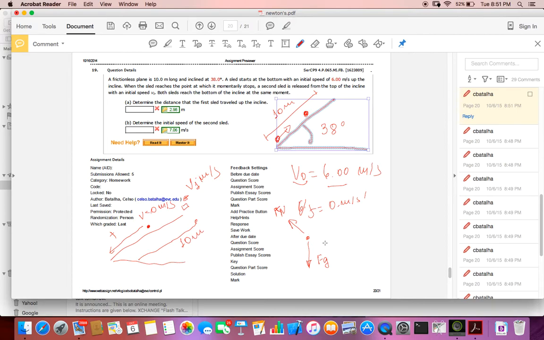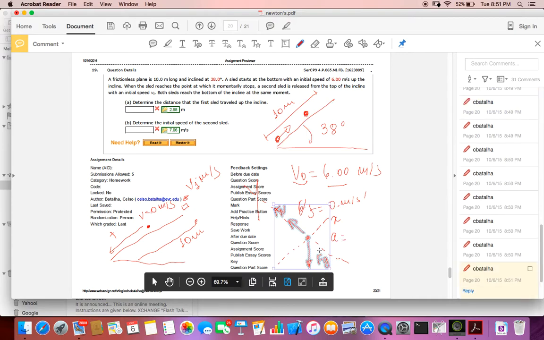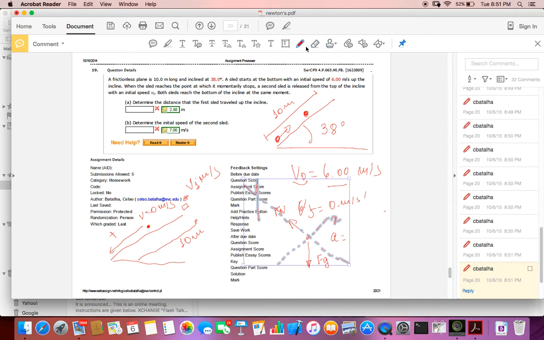So if you call this direction your y direction, and the one along the incline your x direction, then the acceleration of this sled is given with this angle here being theta.